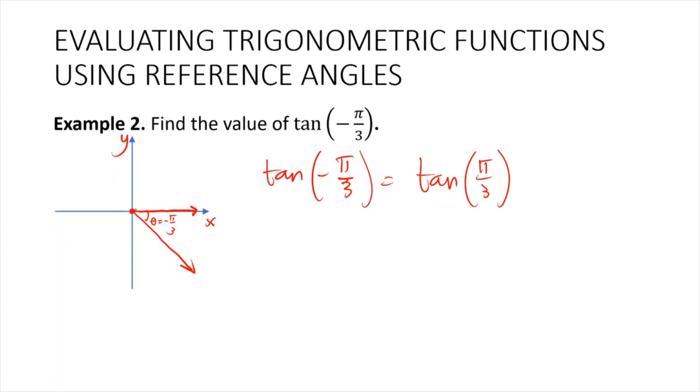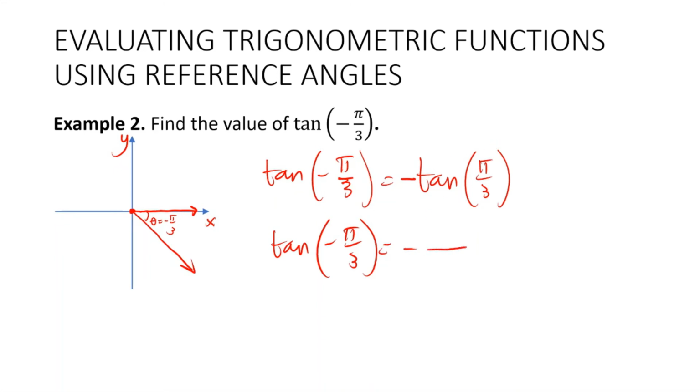In this case, the x component is positive, however, the y component is negative. Therefore, the ratio between y and x is negative. And so we have tangent of negative pi over 3 equals negative the value of tangent of pi over 3.